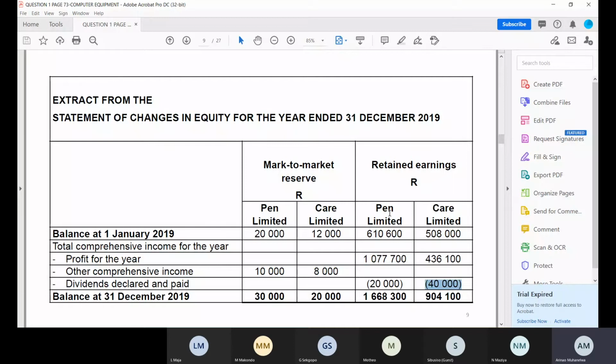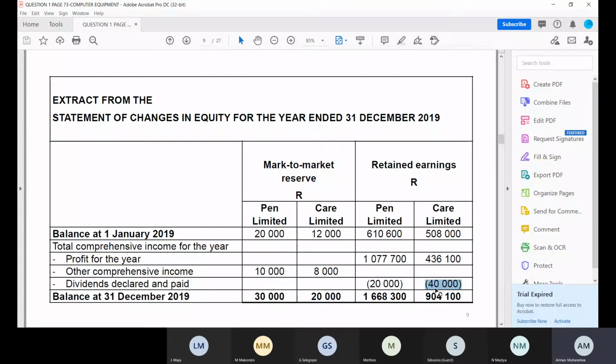So coming back to this exercise, here we have Care Limited and the dividends declared and paid of 40,000. If you take this 40,000 and multiply by the percentage we own, which is 80%, then 32,000 of these 40,000 is coming to us, and the remaining 8,000 is non-controlling interest.